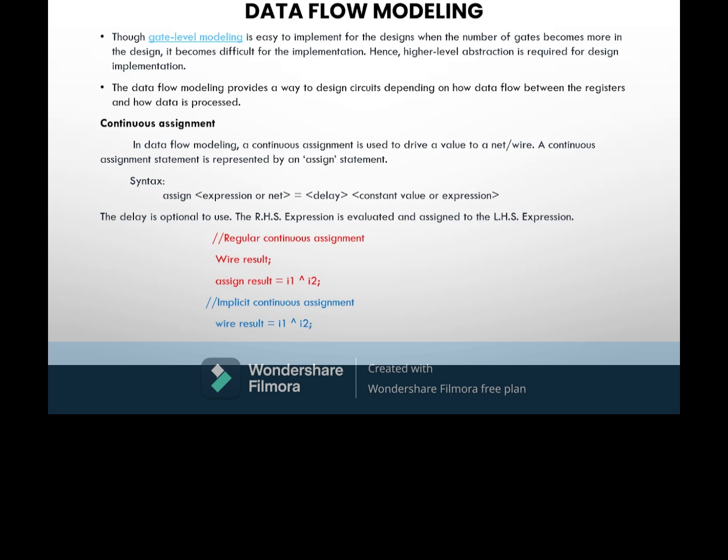In any language, what we prefer is to reduce the lines of code as much as we can, because when the code is smaller, the simulation takes place very easily. When you write some 100 lines of code, when will you get the output?